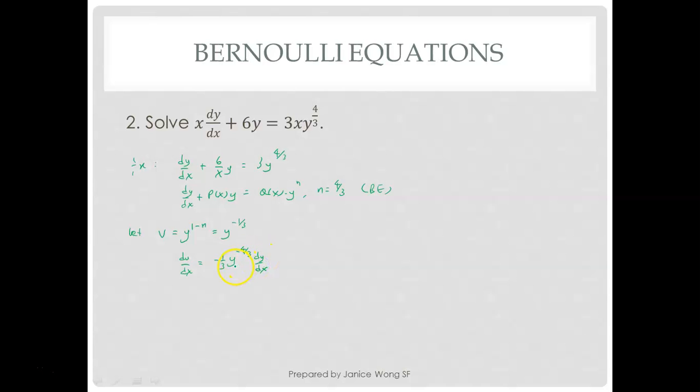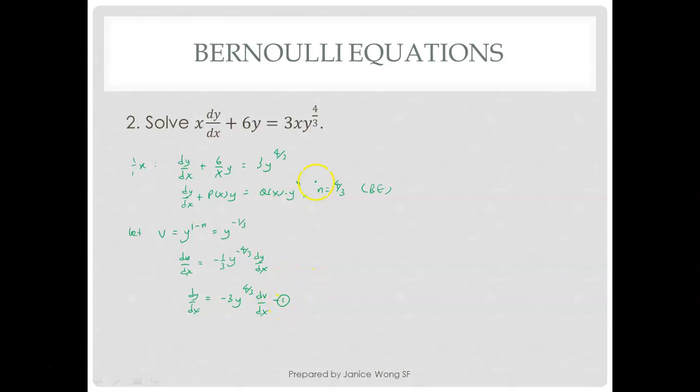We need to differentiate implicitly. Write dy over dx as the subject. It is equal to negative 3 y to the power of 4 over 3 dv over dx.